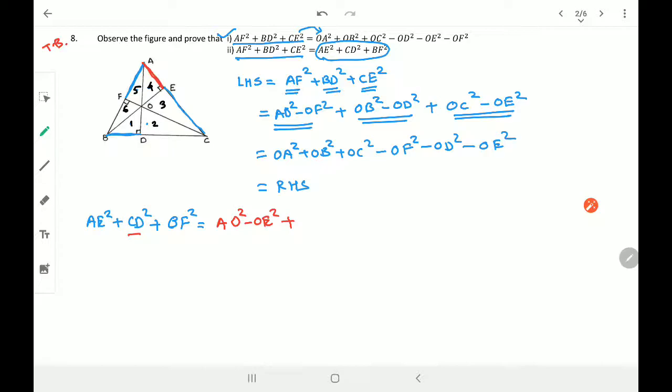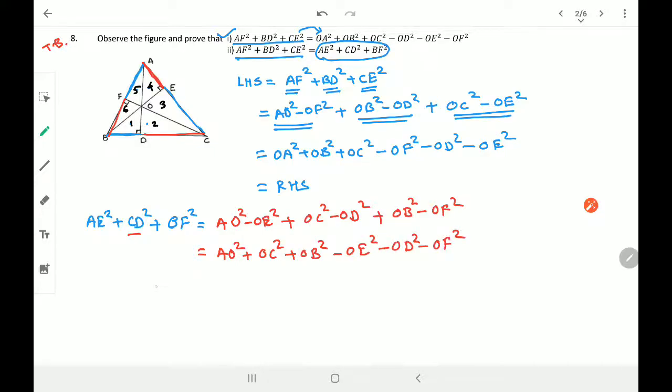CD square. CD is here. OC square minus OD square. Plus BF square. BF square, what is it? OB square minus OF square. So now I have AO square plus OC square plus OB square minus OE square minus OD square minus OF square. Check it out.